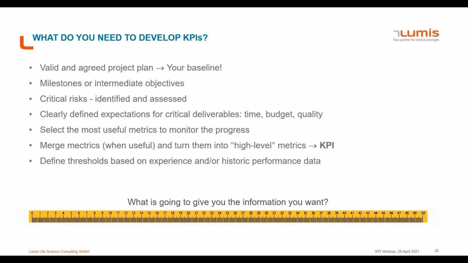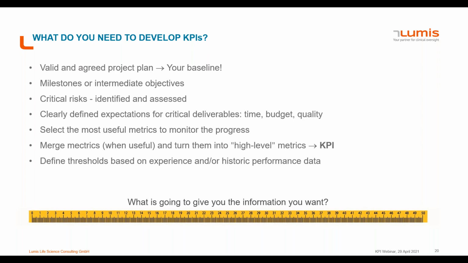So once you have your KPIs planned, you would like to develop them in more detail, and for that, you need a baseline. And this baseline is actually already in your project plan, and if not, the project plan may be a little bit more detailed.